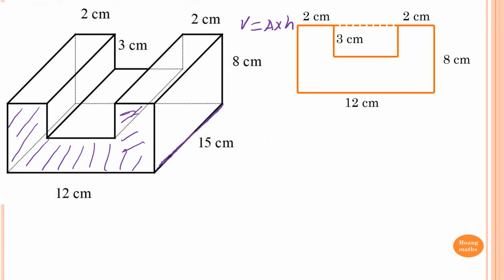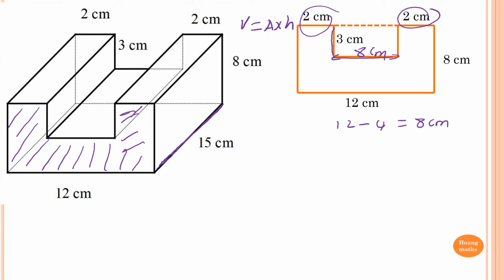So first of all, I have 3 centimeters here, and to find the length of this, all I need to do is 12, take away 2 here, and another 2 here, which is take away 4, which is 8 centimeters. So this is 8 centimeters here.